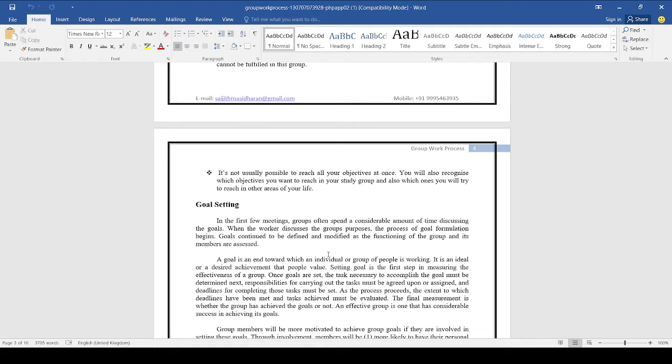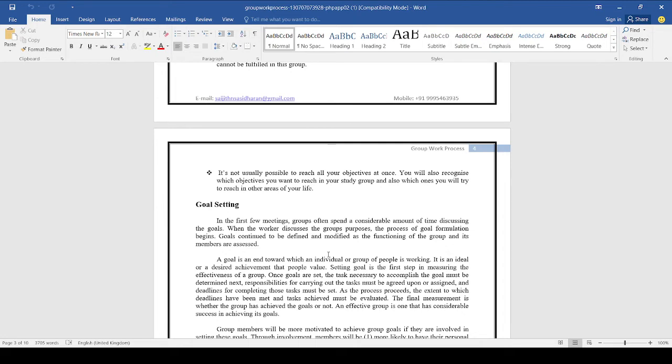As the process goes, the extent to which deadlines have been met and tasks achieved must be evaluated. We set a deadline for accomplishing a task or an objective, and it will be evaluated by the group worker.